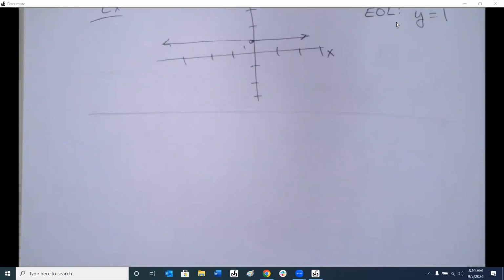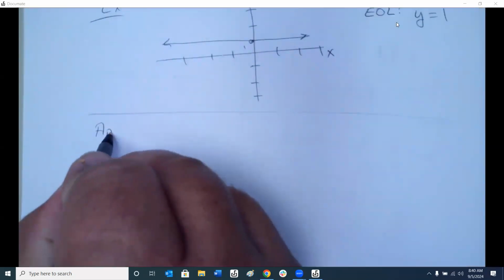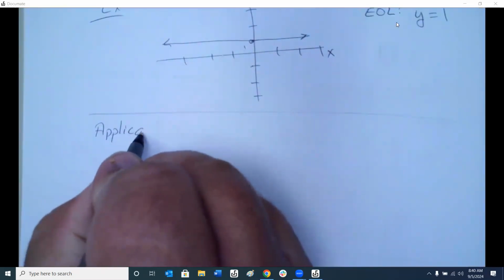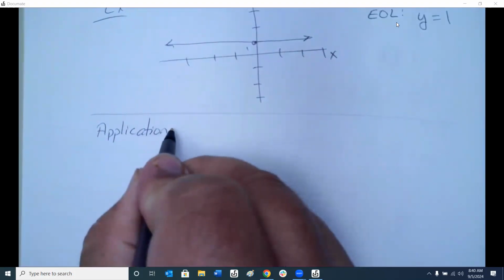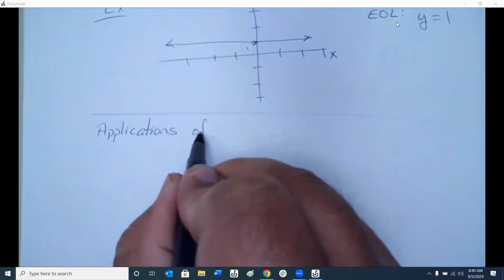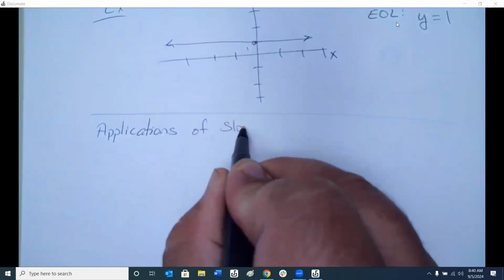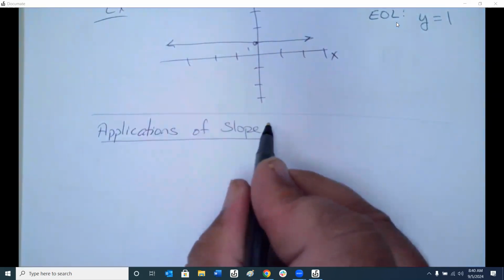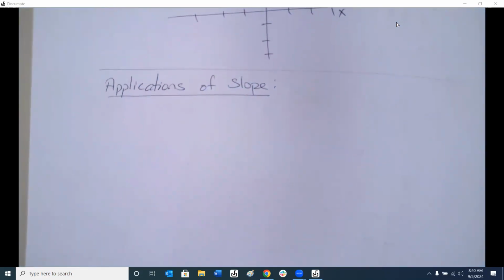All right, let's look at some applications of slope. Have you ever noticed when you're driving on the highway and you get to a turn that the turns on the highways are not flat?